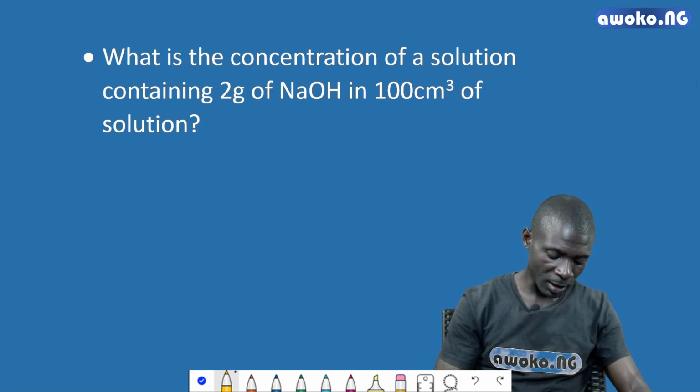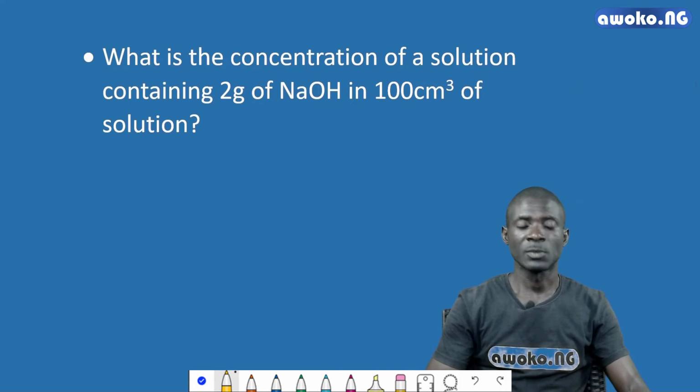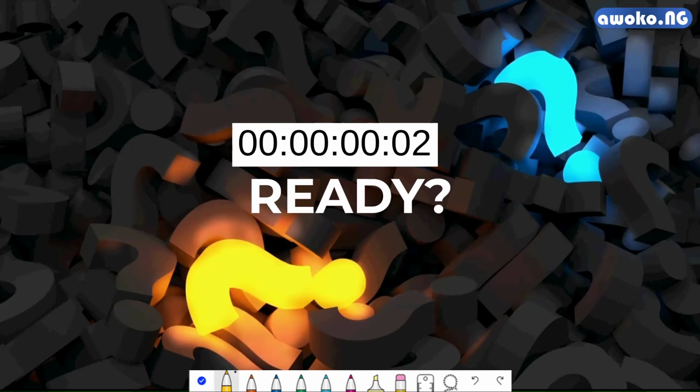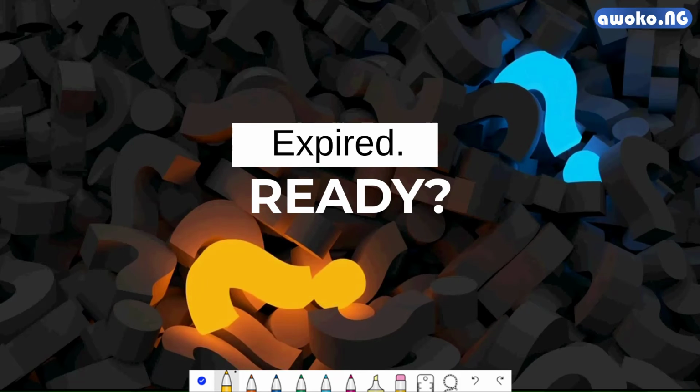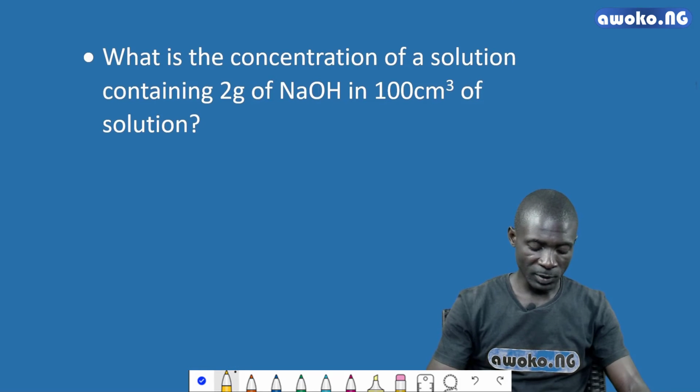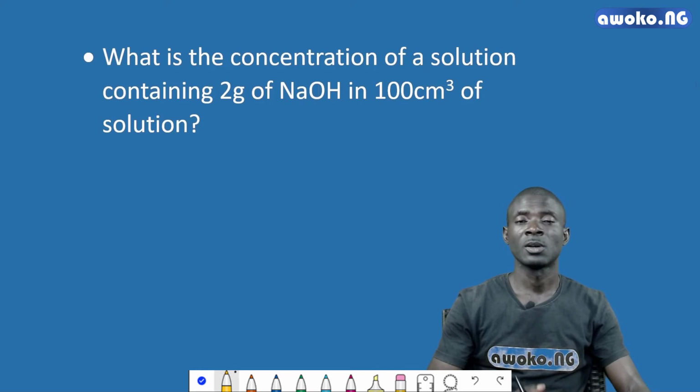Now let's take a look at our next question. It says, what is the concentration of a solution containing 2 grams of sodium hydroxide in 100 cm³ of solution? Now, this is the form in which questions will be given to you in your UTME or in any of your exams, either WAEC or NECO.